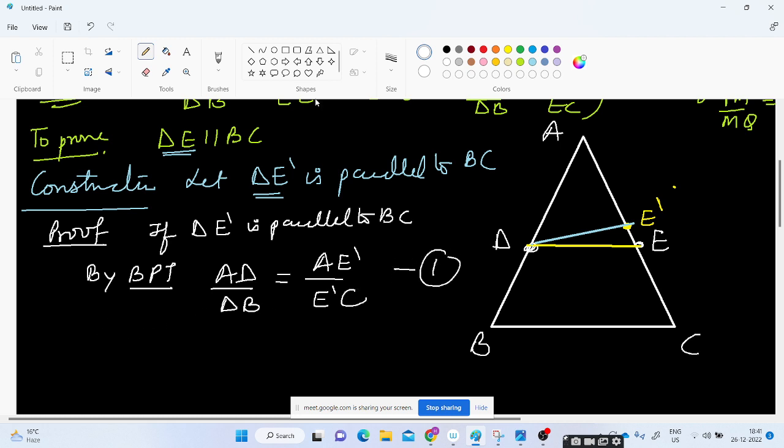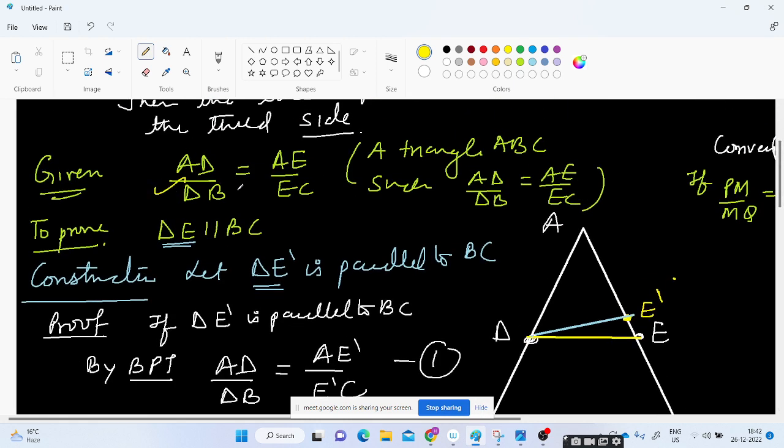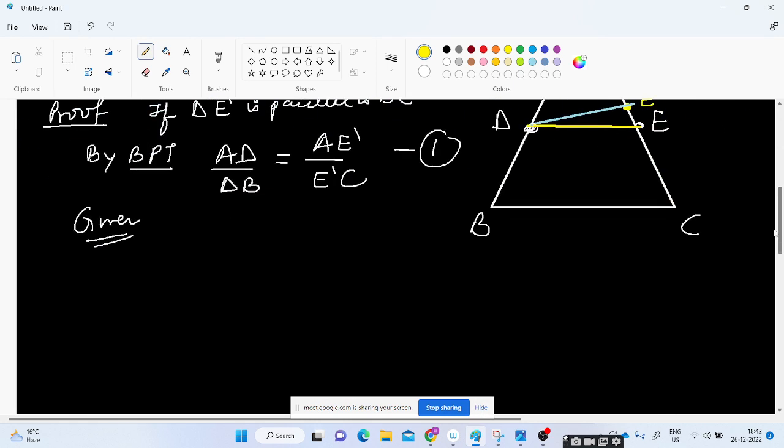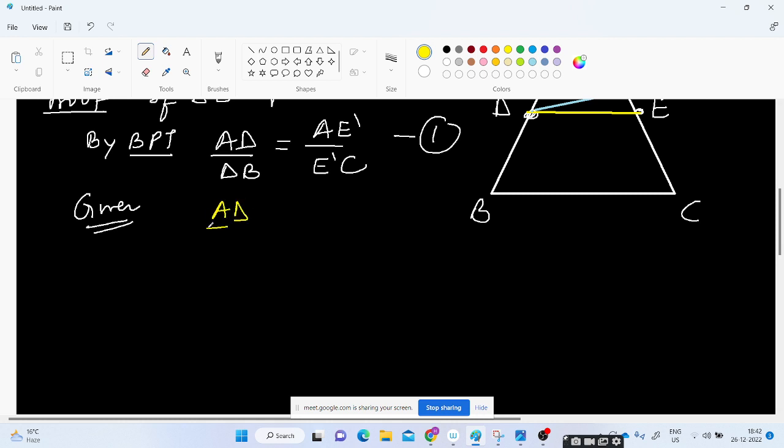And what is given to us? Yes, what is given? AD upon DB is equal to AE upon EC. This is equation 2.